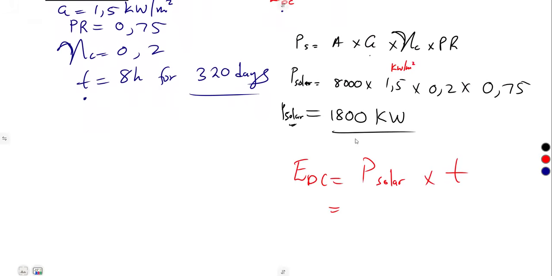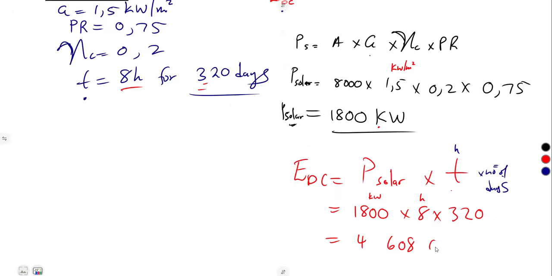So that's the solar power, 1,800 kilowatts, times the time, 8 hours times 320 days. Remember, this is in kilowatt, so whatever we are going to have is going to be in kilowatt hours, time in hours. So we're going to have 4,608,000 kilowatt hours.